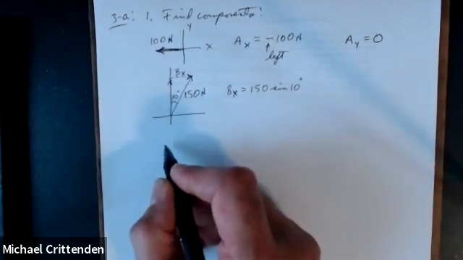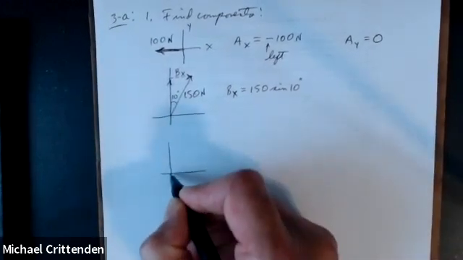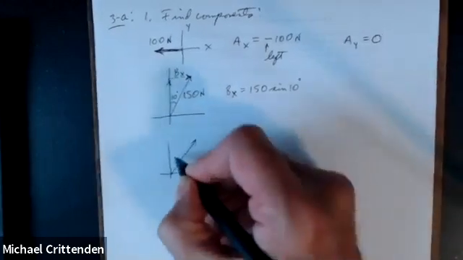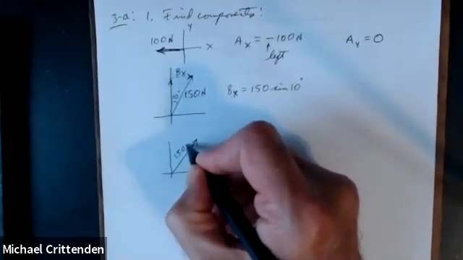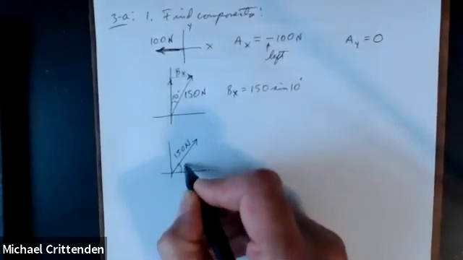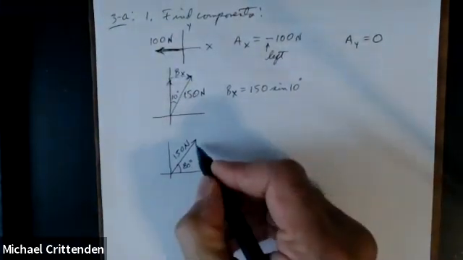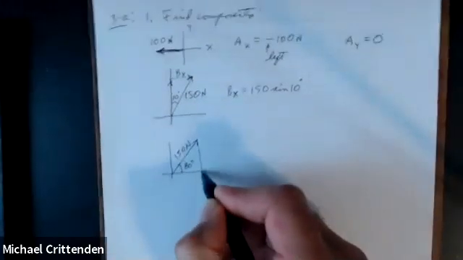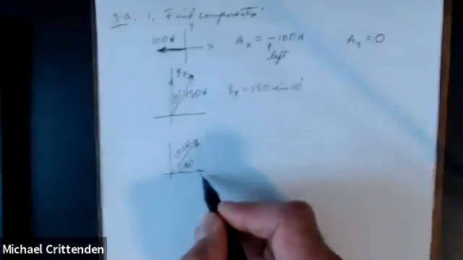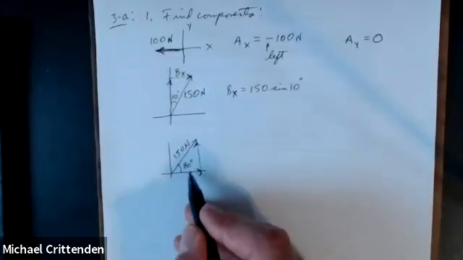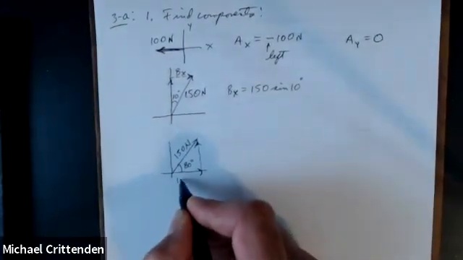component, then redraw the picture like this. Hypotenuse times cosine equals the adjacent side.